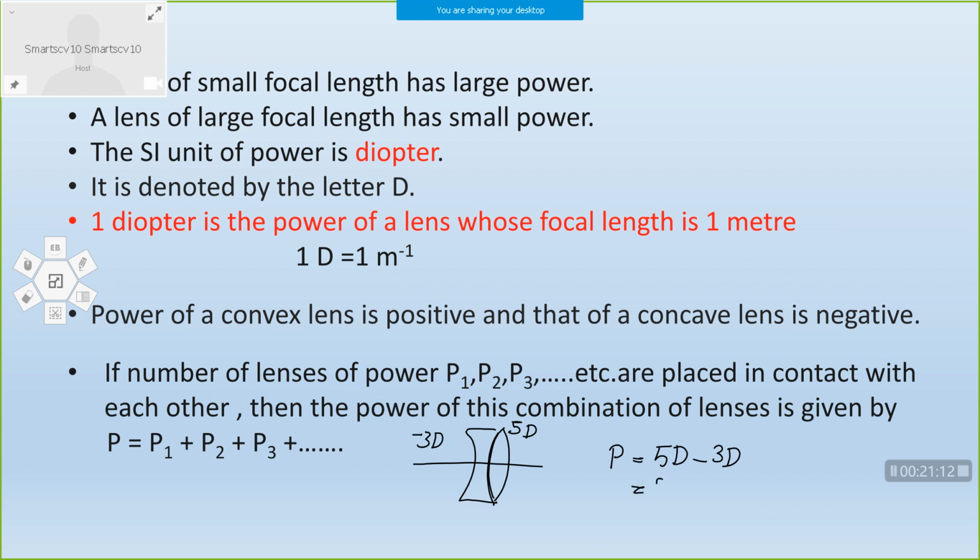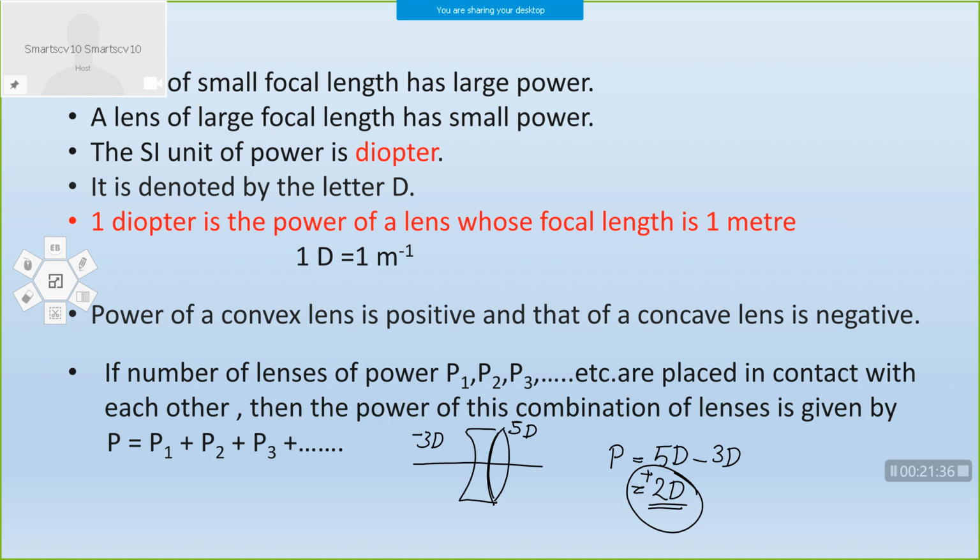So it will give you only positive 2 diopter. The combination will give you an effective power of positive 2 diopter. You just have to find the algebraic sum of the individual powers.